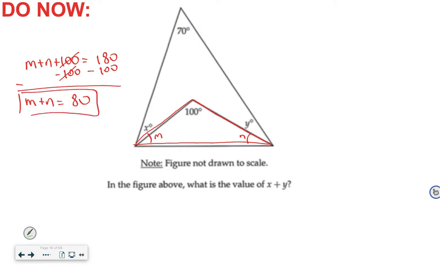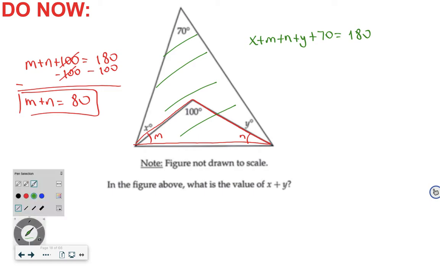Now, ladies and gentlemen, focus on the large triangle. The sum of the interior angles of a triangle is 180. Let's add them up. X plus M plus N plus Y plus 70 is equal to 180. Do we know what M plus N is?